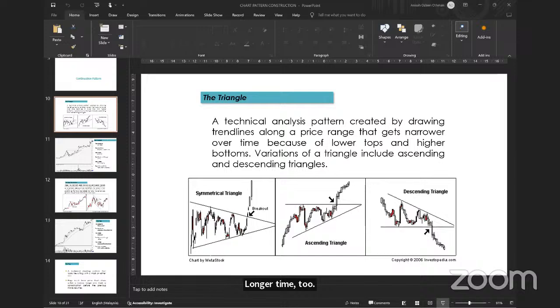Keep in mind, you may see this on a daily chart or on an hourly chart, but it will take more candles, unlike pennant and flag, which are obviously very short patterns that take only a few candles to complete the pattern.